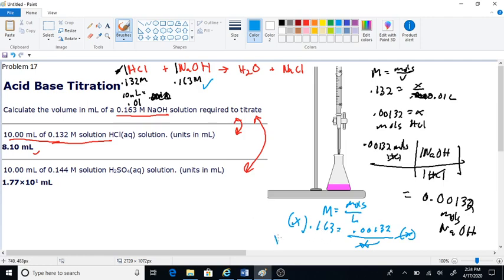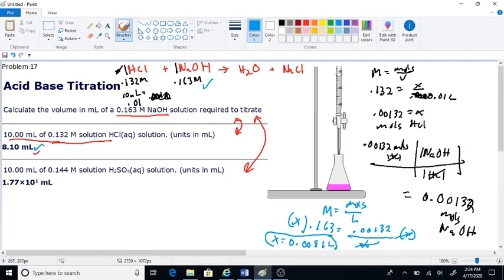That gives us 0.0081 liters. You could put that in as liters, or you can turn it to milliliters like this one is in. Either way, you're good.